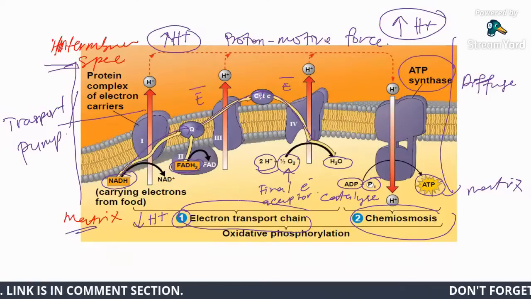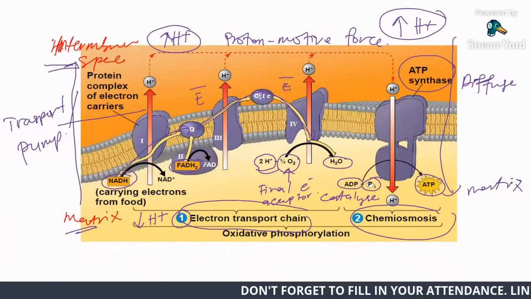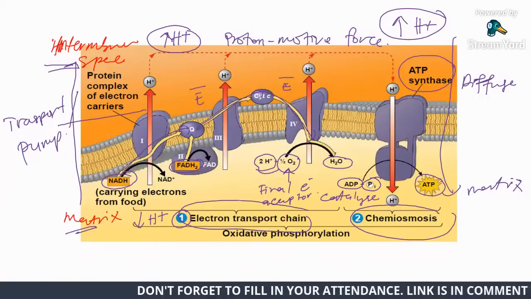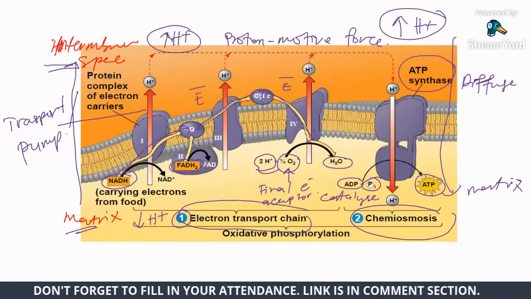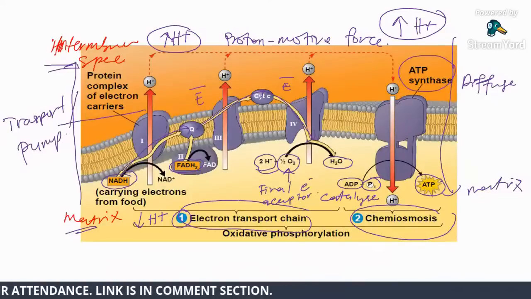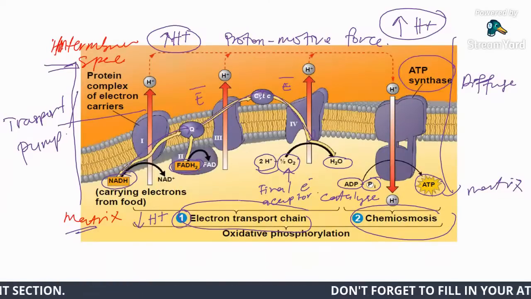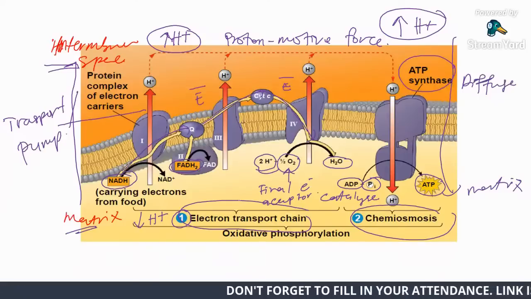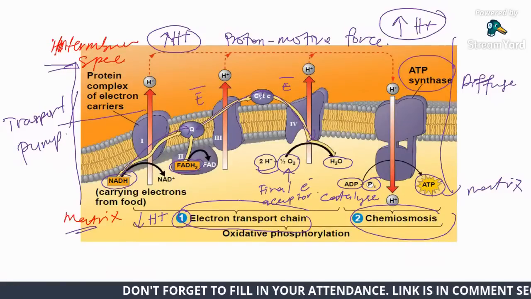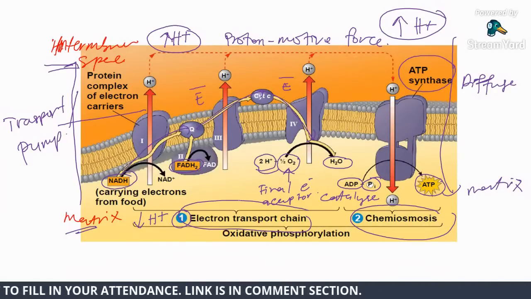The only difference is the source of electrons. Who gives the electrons? In plants, the one that donates electrons is H2O. In cellular respiration, what donates electrons is glucose. Alright, and photophosphorylation occurs in the chloroplast, but oxidative phosphorylation occurs in the cell's mitochondria.